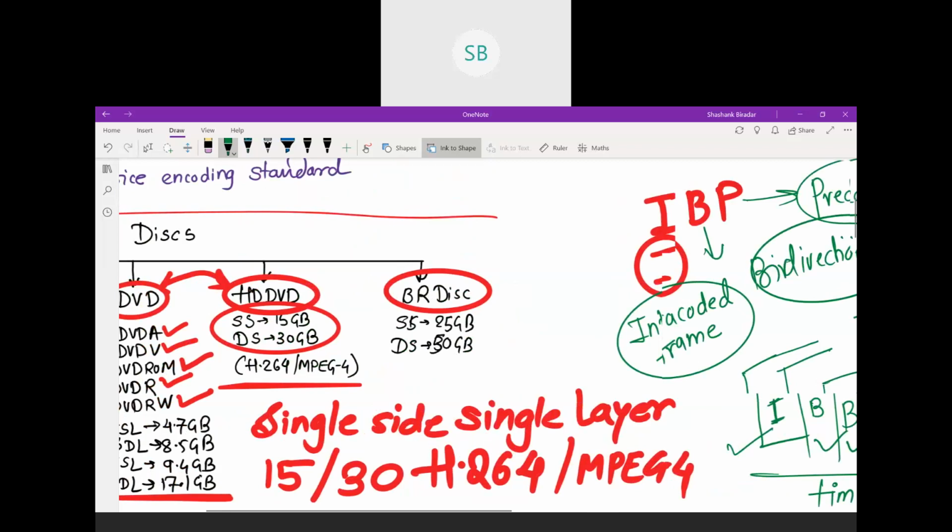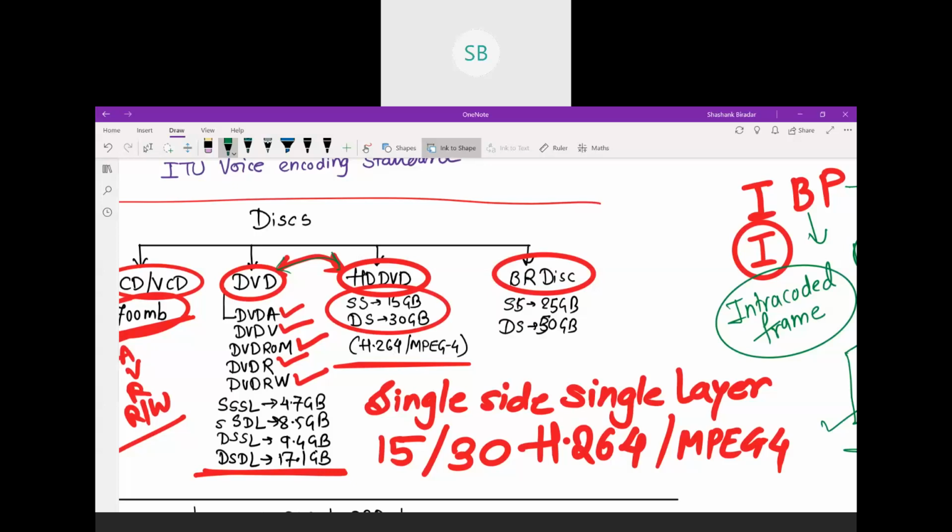So what we are talking about is that the differentiation between the DVD and HD DVD is the size and the technique used for video compression. Great. Now coming to the Blu-ray DVDs.